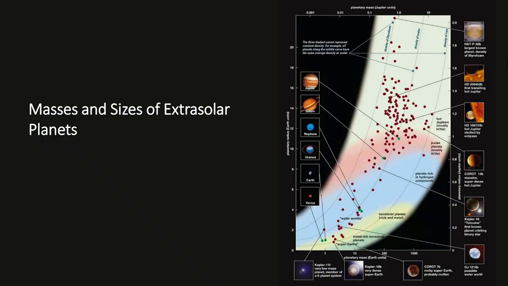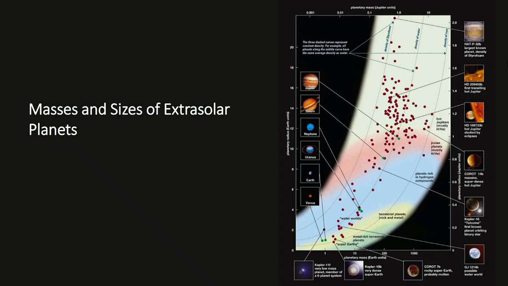This one has a larger radius than Jupiter, but it has a very low mass. This one has the density of styrofoam, so it must be made out of gases, but not dense gases at all. So there are a lot of interesting things that we can take away from this.